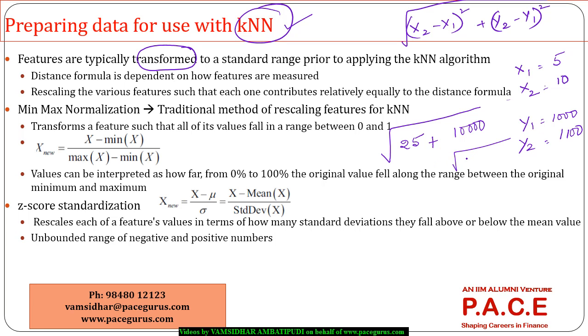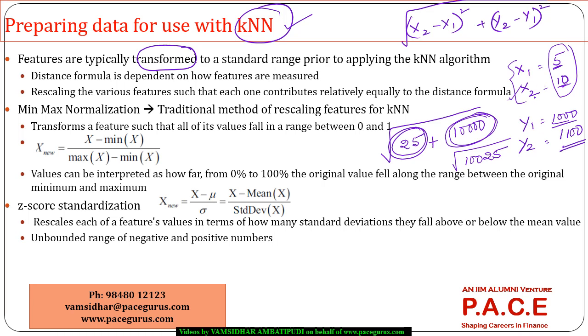So the overall distance becomes the square root of 10,025. You can see this is dominating the distance quite heavily, whereas the contribution of the first variable is very small. Yet for the second record, the first value is double that of the first record, whereas here the second record is only 10% above the first record value. Here it is 100% above.